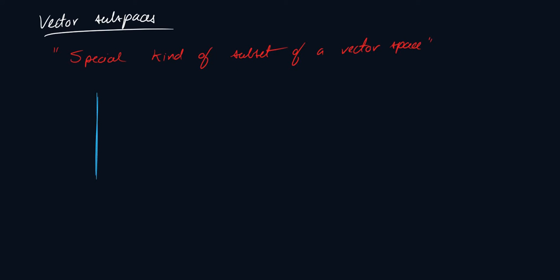Hello again everyone. In this video I'll be talking about vector subspaces. Essentially, and very informally, a vector subspace is a special kind of subset of a vector space. Remember how we usually represent our vector space: it is kind of like this space.